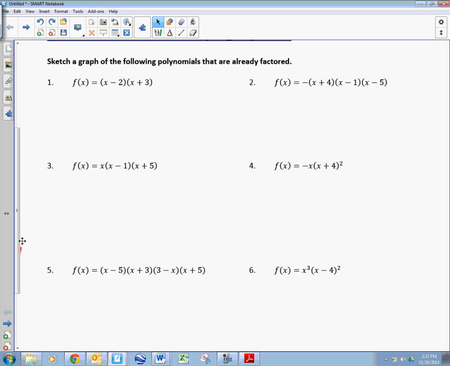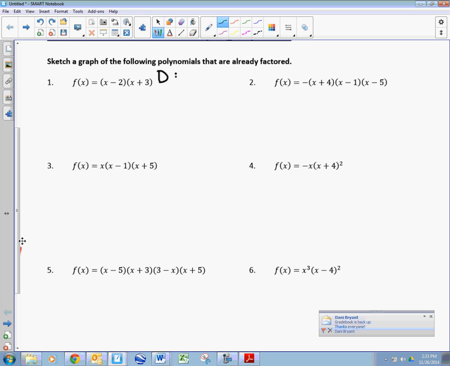Sketch a graph of the following polynomials that are already factored. So I taught you how to graph parabolas in the last unit, correct? And these parabolas were not factored at that time. We put them into vertex form. We looked at them in standard form. We're going to look at some polynomials that are already factored, and we're going to graph them. First thing I'm going to decide is what degree this polynomial is. If I multiply these x's out, do I get first, second, third, fourth?